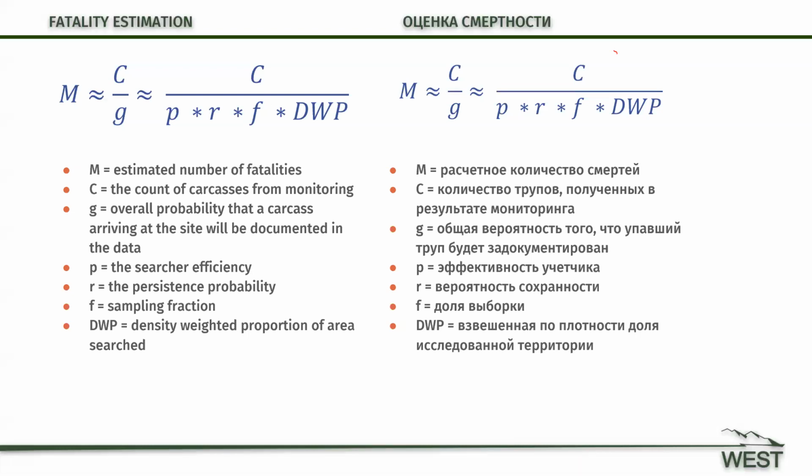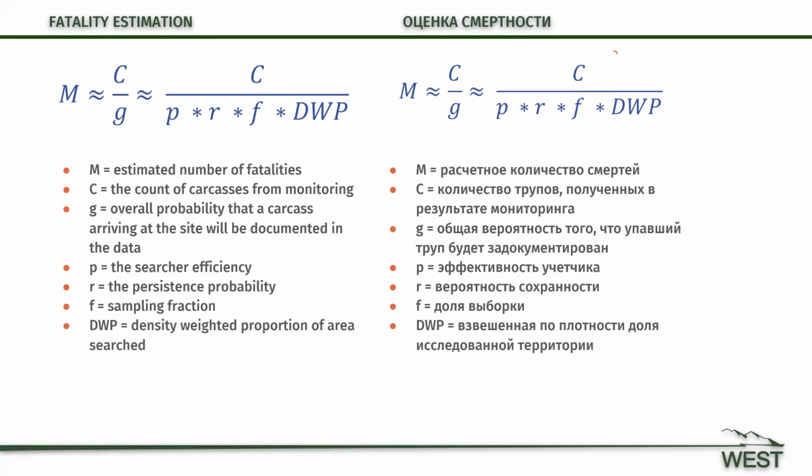And M is approximately equal to the carcass count, which I have as C, divided by the detection probability, which is G. Now the detection probability is just the probability that a carcass that arrives at your facility will be picked up by a searcher, given all of those other factors that I've mentioned.